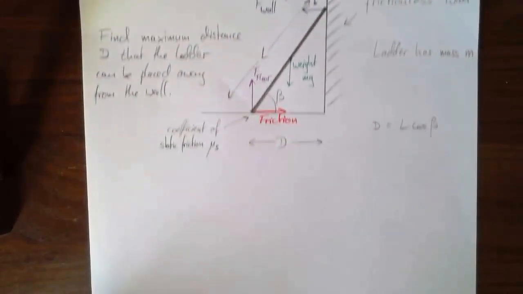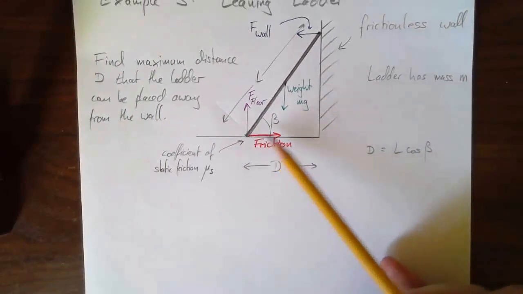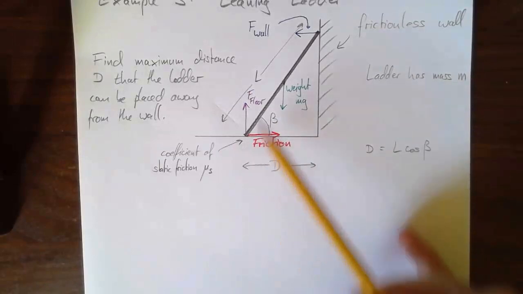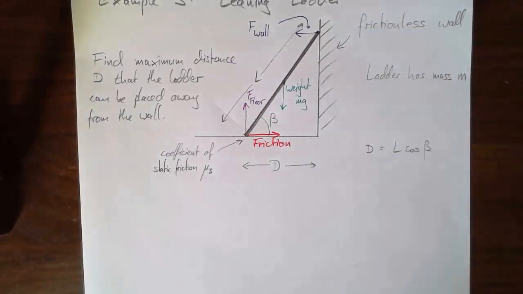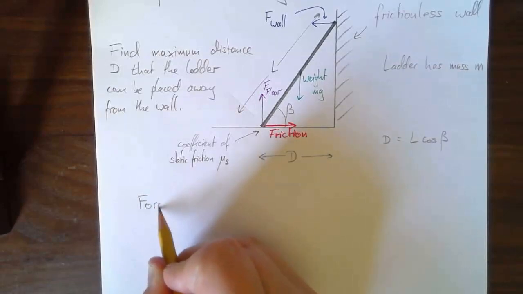Okay, let's analyze this situation. Again, I've got forces in two directions, horizontally and vertically, so I'm going to get two equations from just writing down what I know about the forces. So let's write down the forces horizontally.